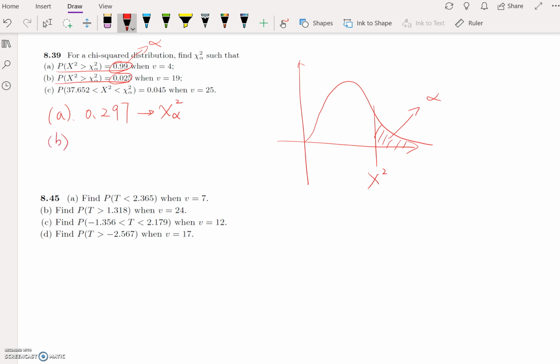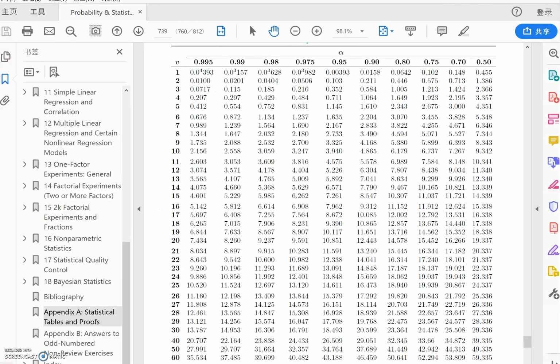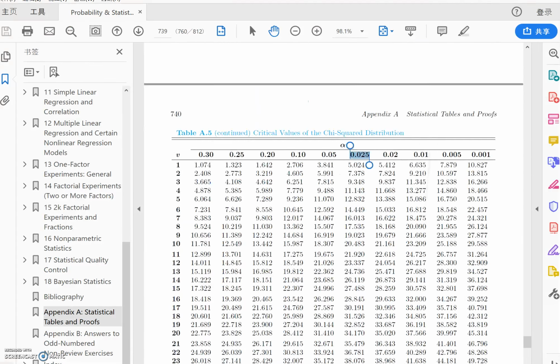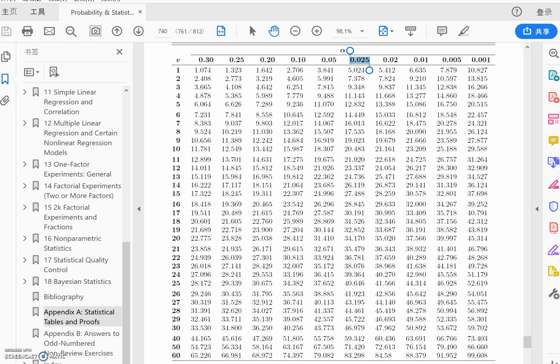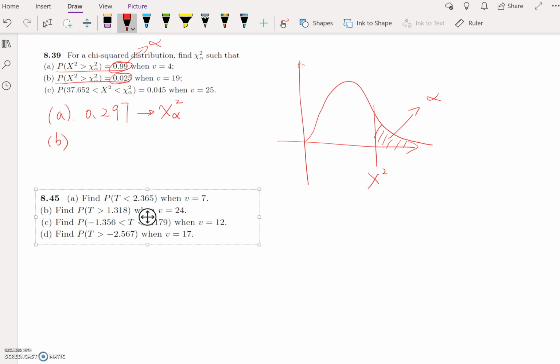And for B, it's 0.025 and 19. Here, 0.025 and 19. So it's 32.852. That's the x alpha square.